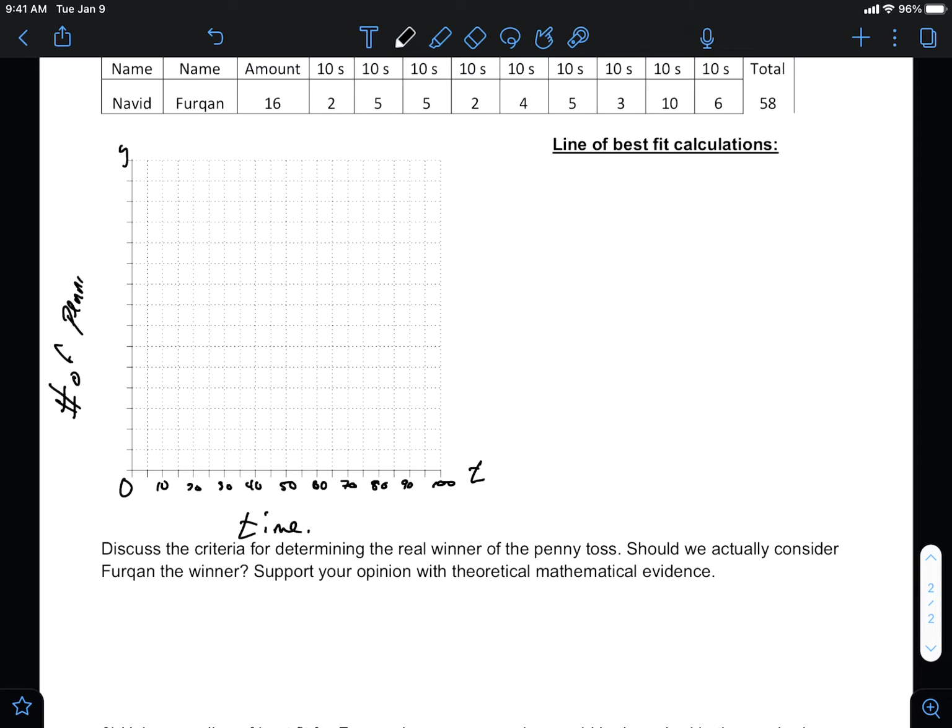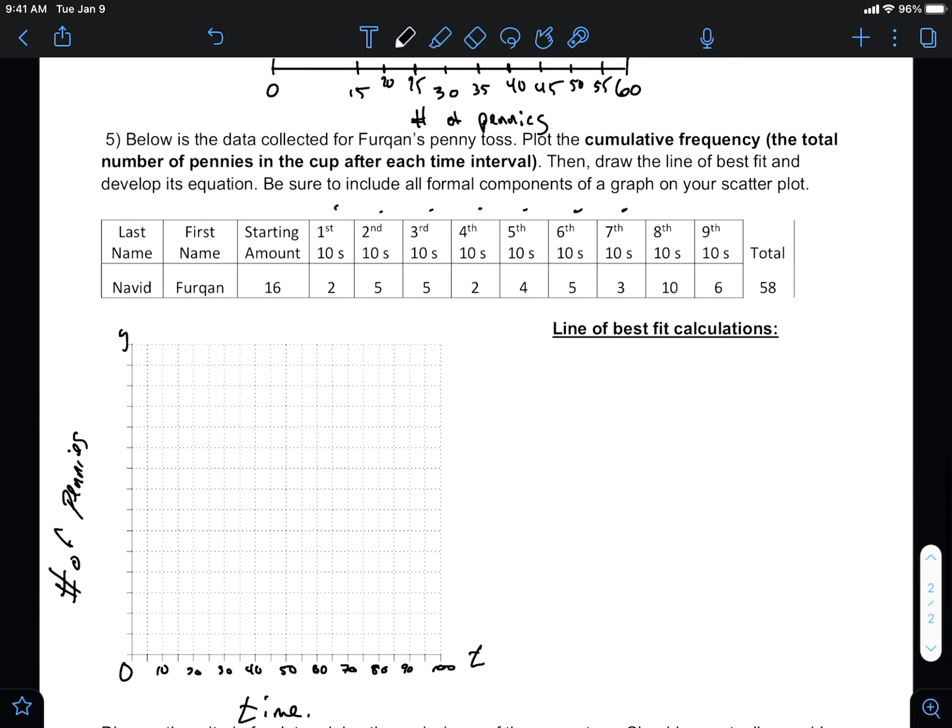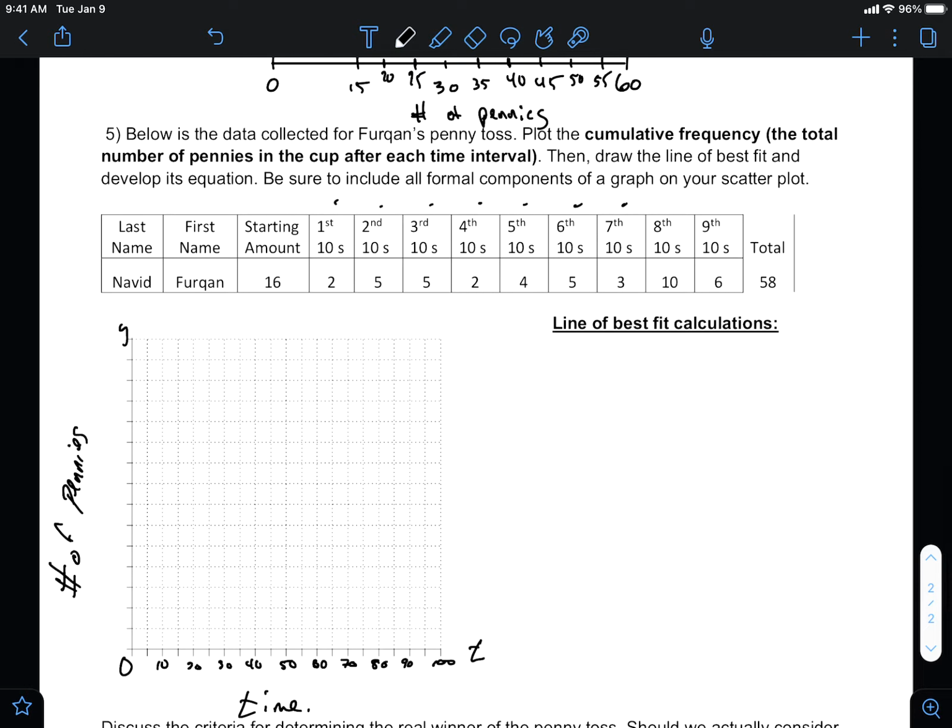Remember, I went back in here and said: be sure to include all formal components of a graph on your scatter plot. That includes labeling axes. Obviously you have to put the numbers on, but then also your axis labels and also your what?